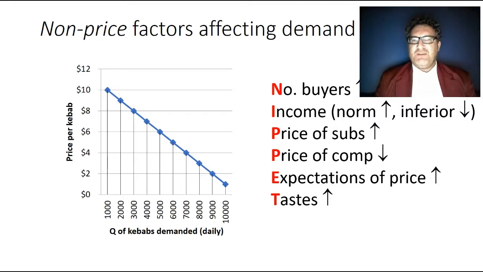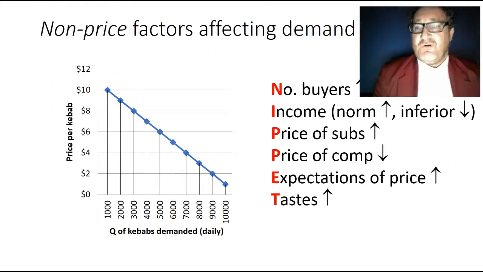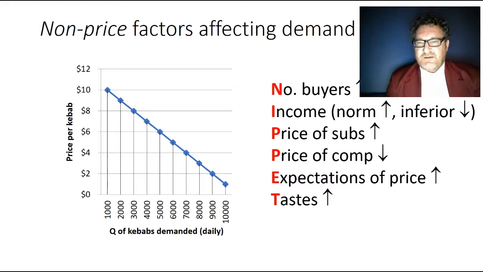Assuming the income of the kebab buyers went up, and assuming it's a normal good, then presumably the buyers would want to buy more kebabs than before, even if the price of kebabs hadn't changed.